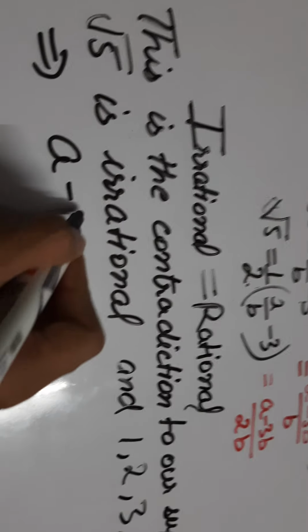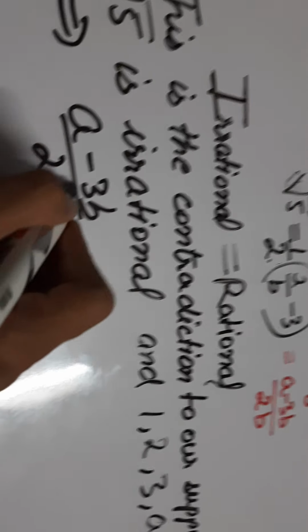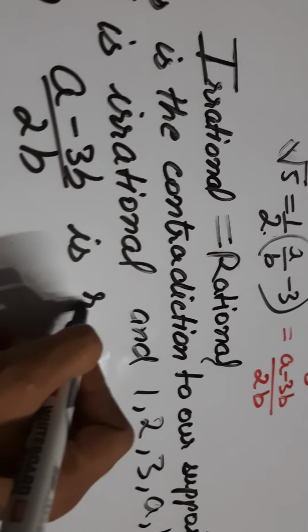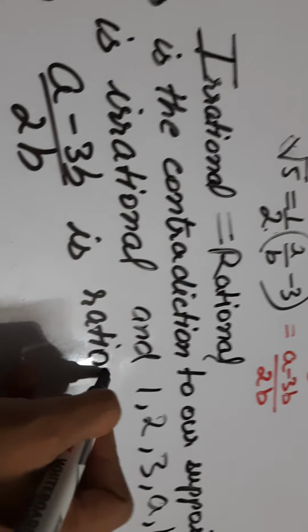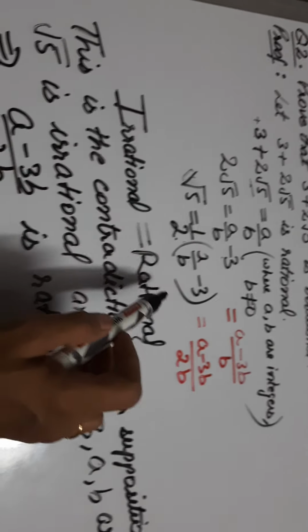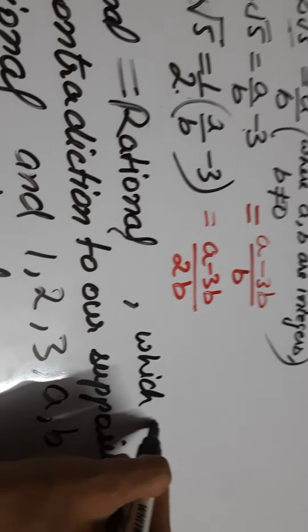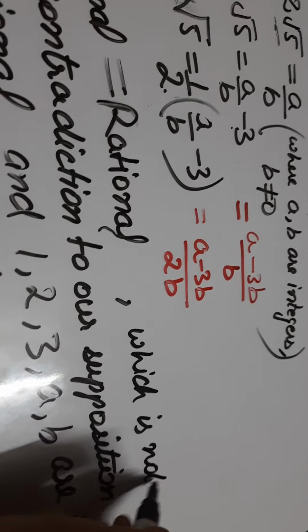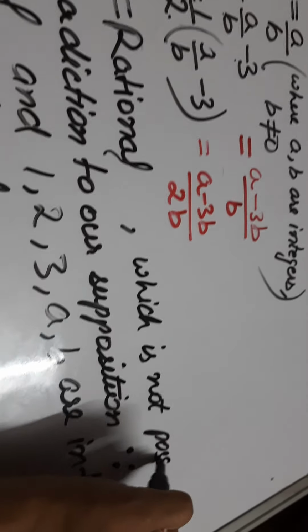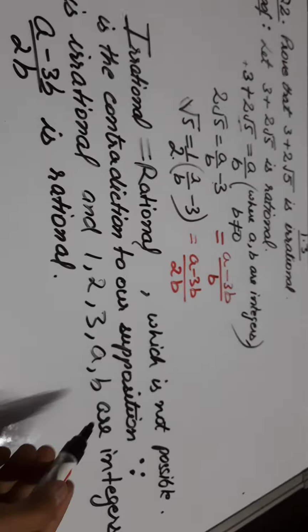This implies a minus 3 by 2b is rational. So what did we write? Because irrational is equal to rational, which is not possible. You must write this line here, which is not possible. A rational number can't be equal to an irrational number, which is not possible.